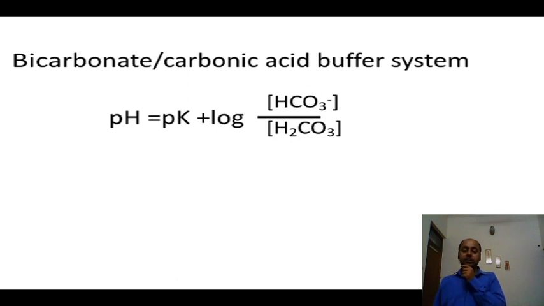We have already seen the Henderson-Hasselbalch equation for the bicarbonate carbonic acid buffer system, where the pH is equal to pK plus log of bicarbonate. This is the base, and the acid is the carbonic acid. So we had seen the pH is equal to pK plus log of base upon acid.